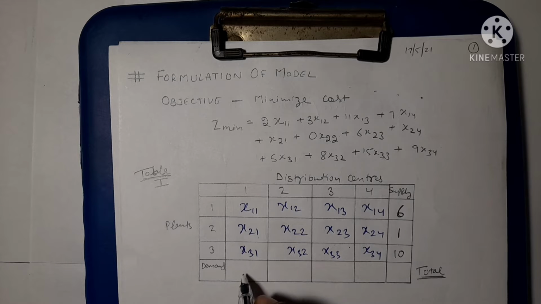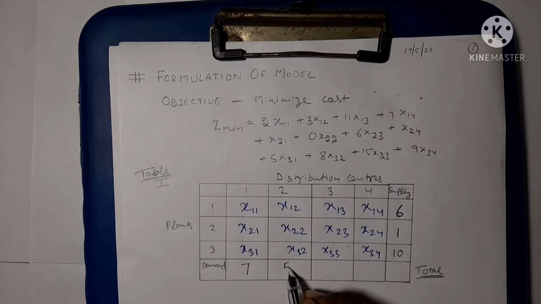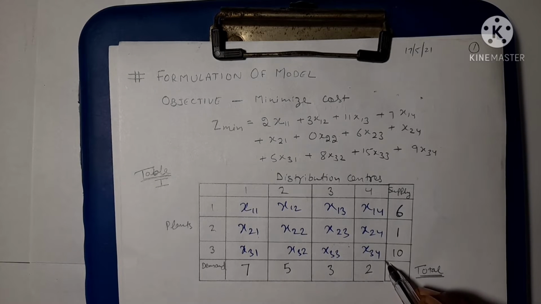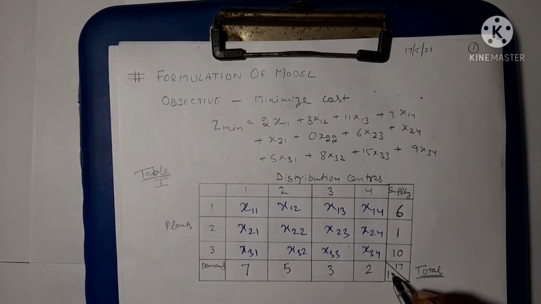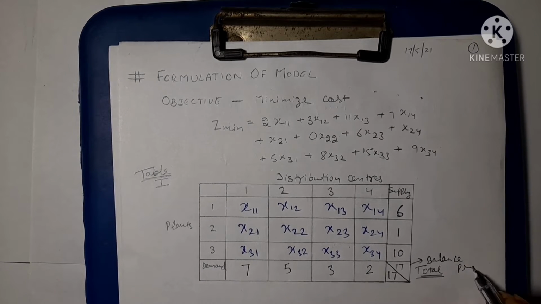As per demand, the demands from distribution centers 1, 2, 3, 4 are 7, 5, 3, 2 respectively. Here we total them: 17 as the supply and 17 as the demand. Hence it is a balanced problem.